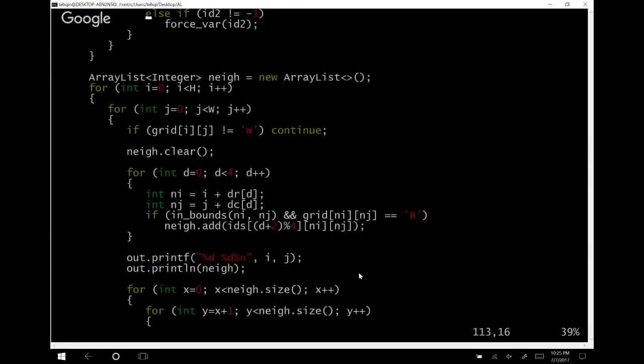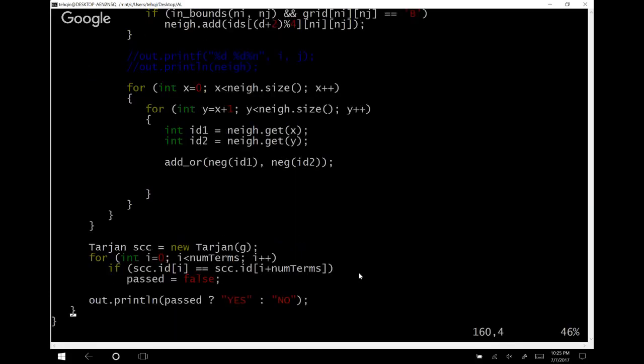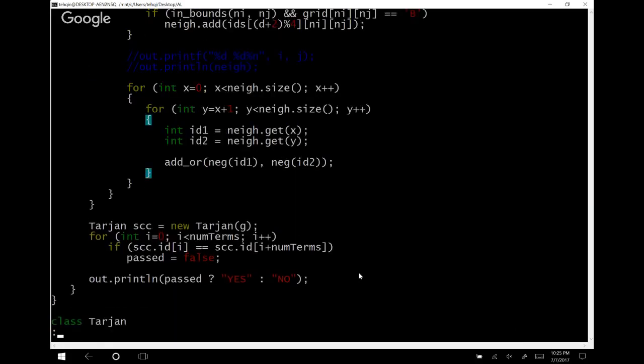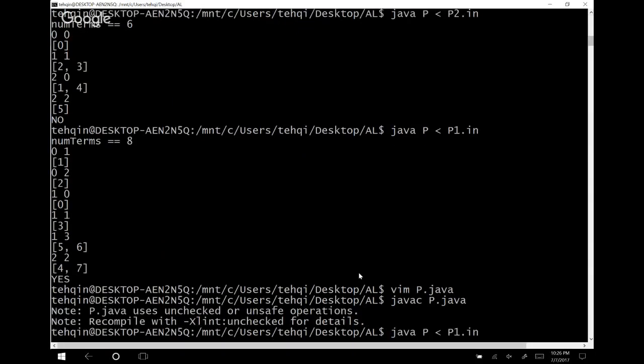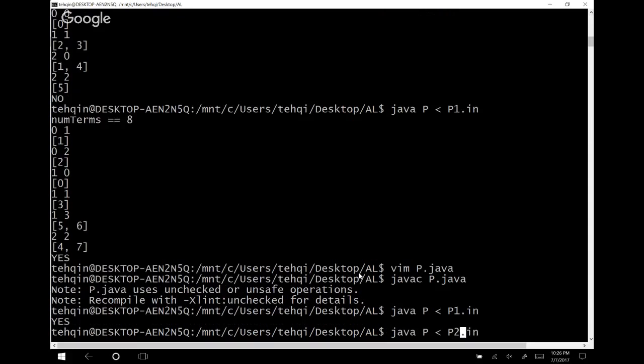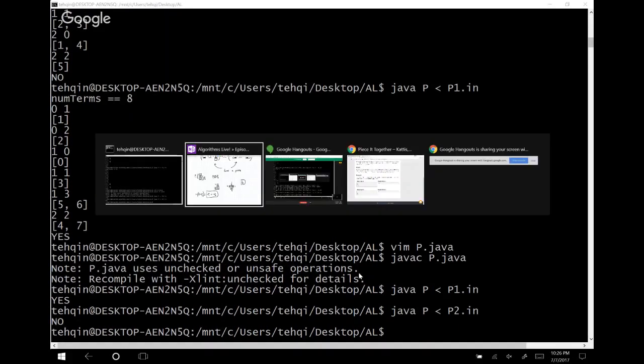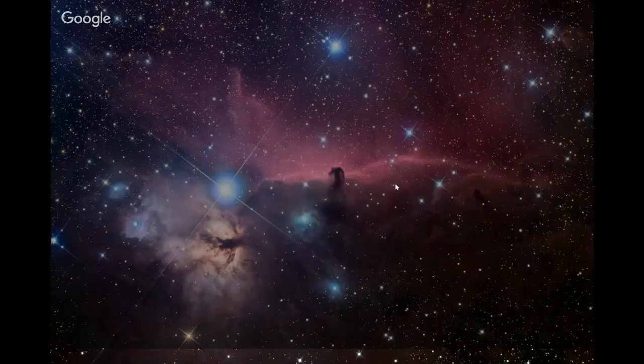So I will comment out my debug prints and give this my first go. Hopefully it works first try. So unlike my usual episodes, I did not code this one ahead of time, so we might have a little bit more debugging to do than usual. I'm going to give this a submit and see if I get it.